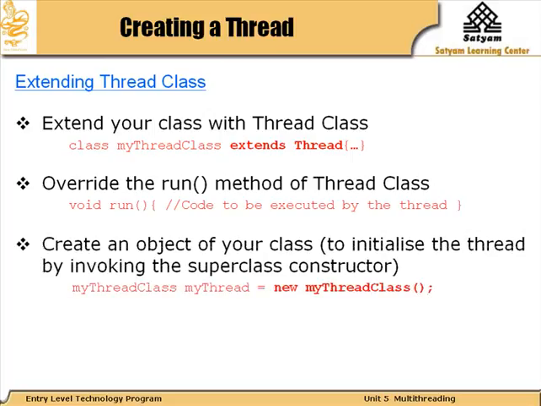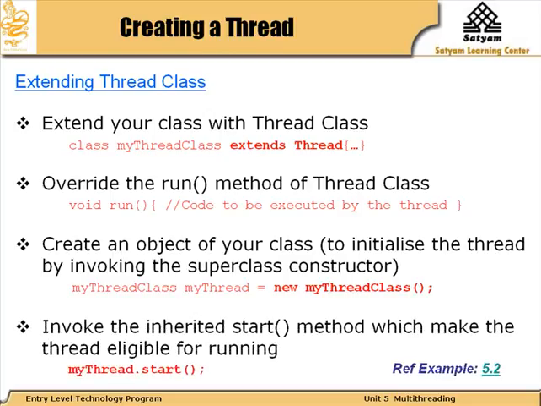Further, create an object of your class, saying myThread class myThread is equal to new myThread class. Here, you need not pass a runnable object. Invoke the inherited start method by saying myThread.start.